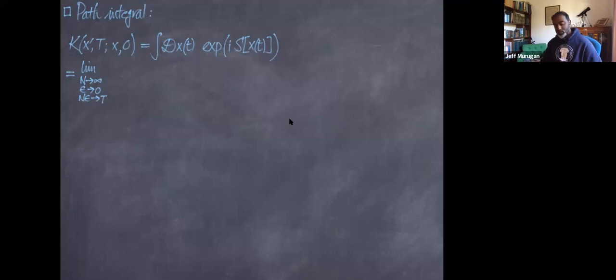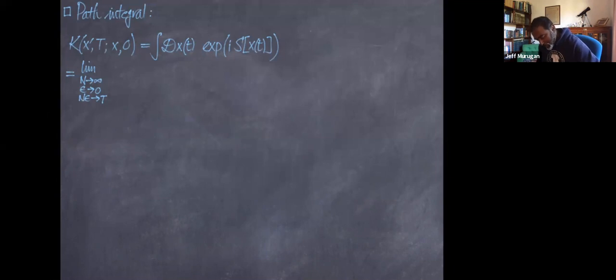So it has length t. In what follows, I'm just going to write the limit, and we understand that this is what I mean: n goes to infinity, epsilon goes to 0, n times epsilon is the fixed time length that we're looking at, which is capital T.